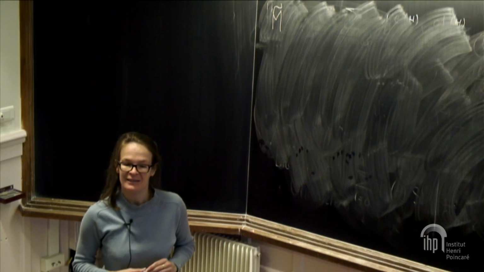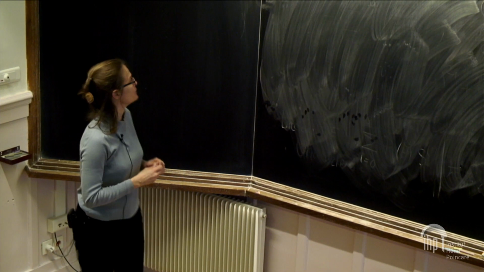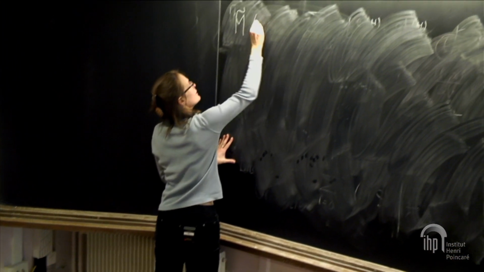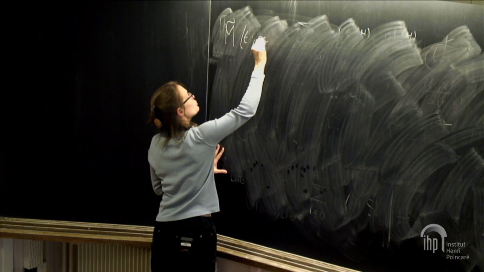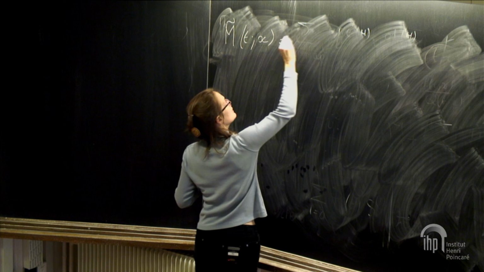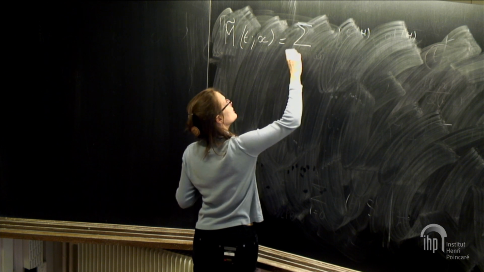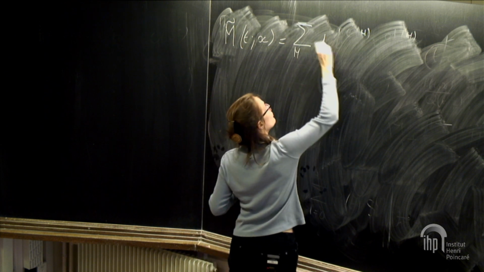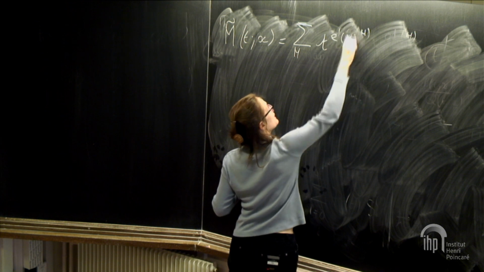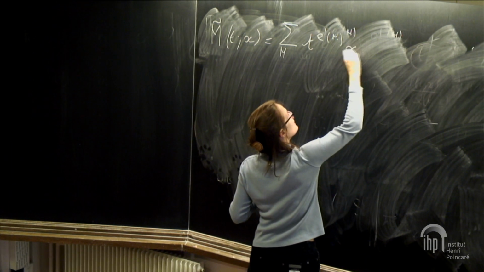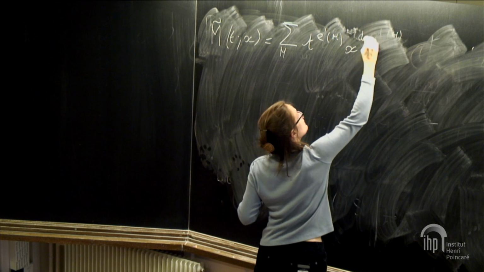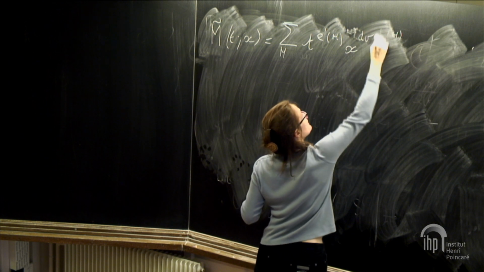Louder? Yeah, the degree of the root vertex. So let m twiddle of t and x be the generating function of all maps counted by the edge number, and x to the degree of the root vertex.